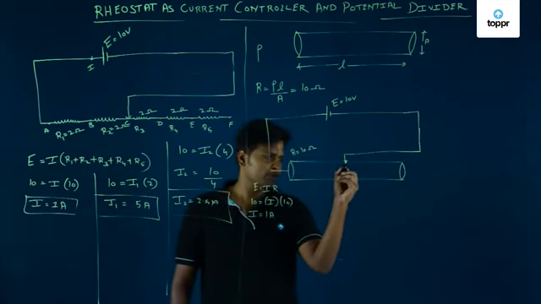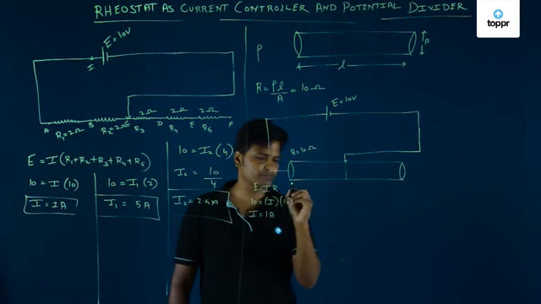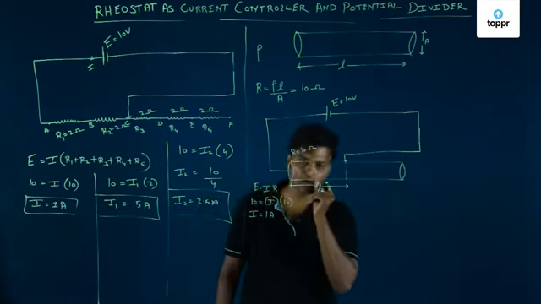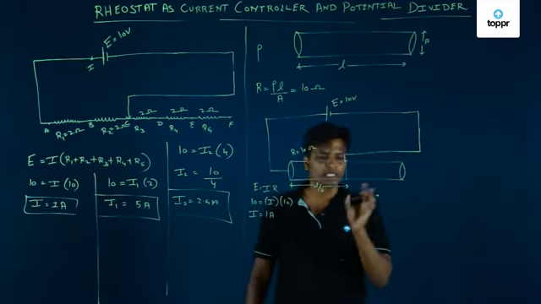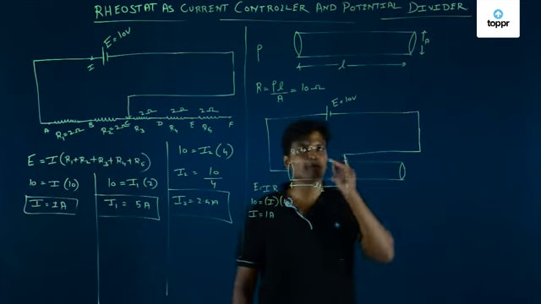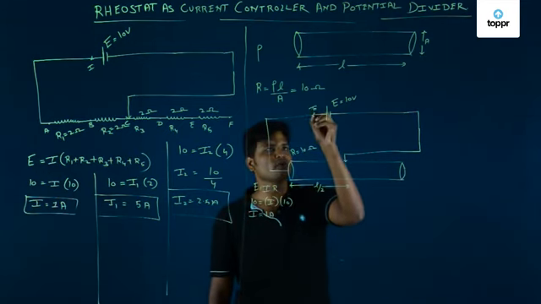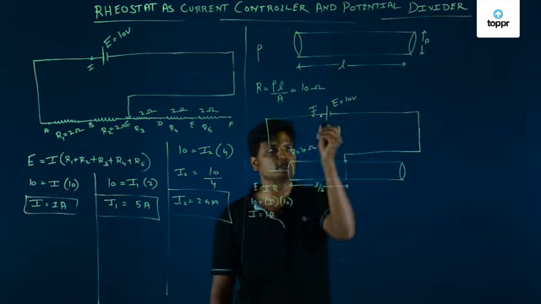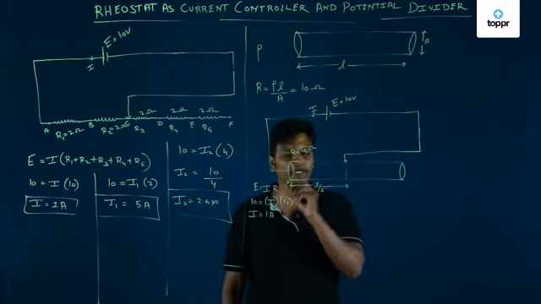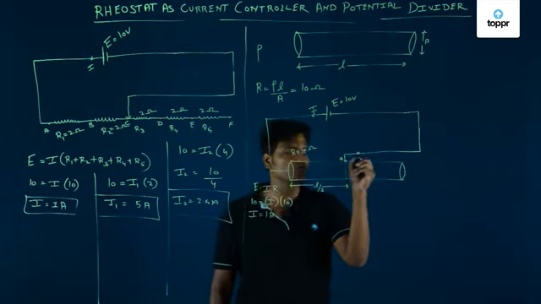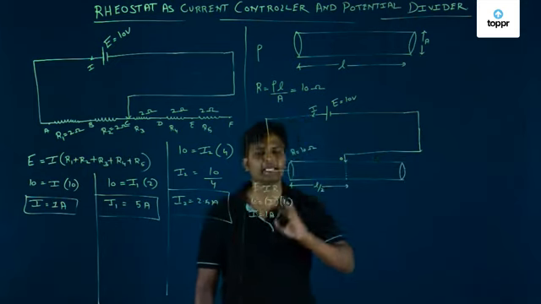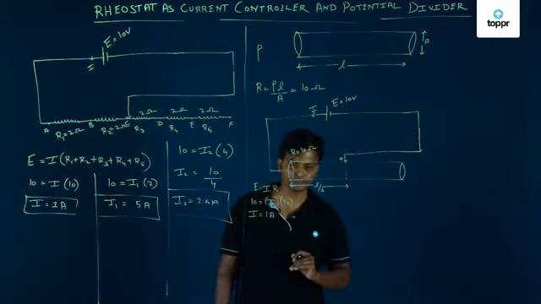That means this length from this point is now L by 2. Now, is this length of the conductor participating in the conduction? Why? Because the current will flow from positive terminal to negative terminal. So it will flow from here, and then from point O, it will move through this particular wire. That means this part of the conductor is not playing any role in the conduction.